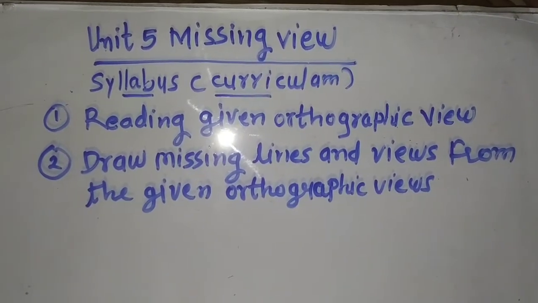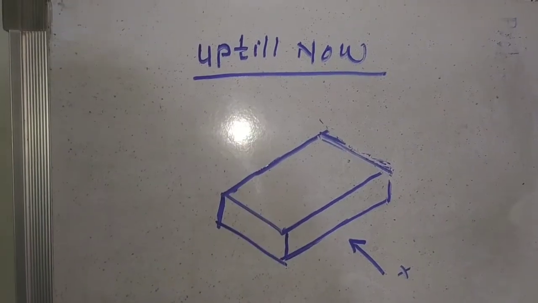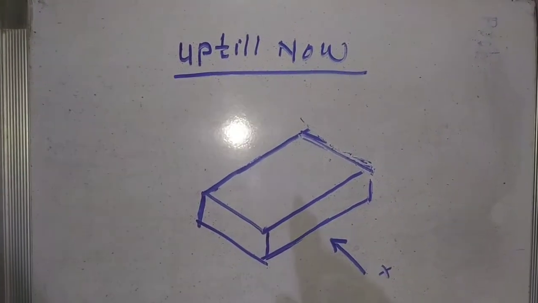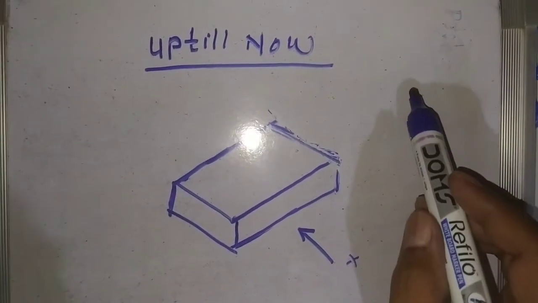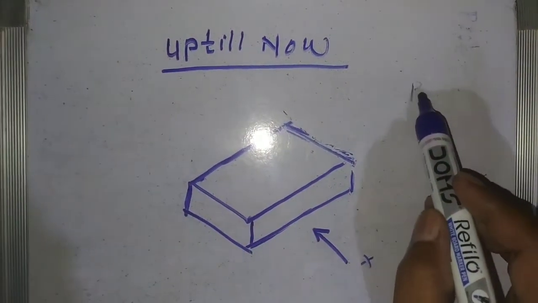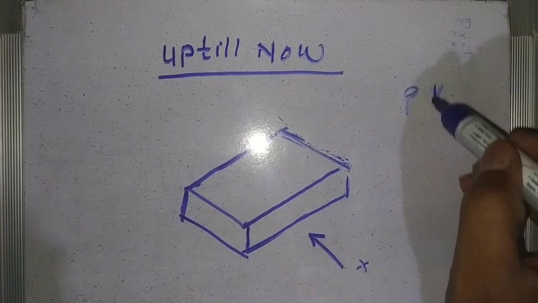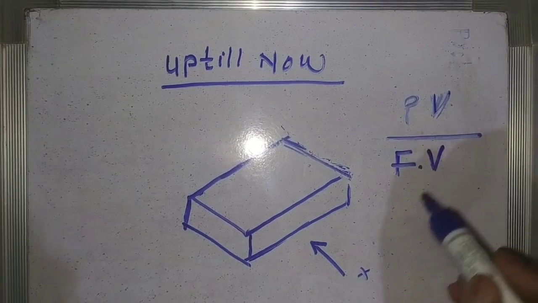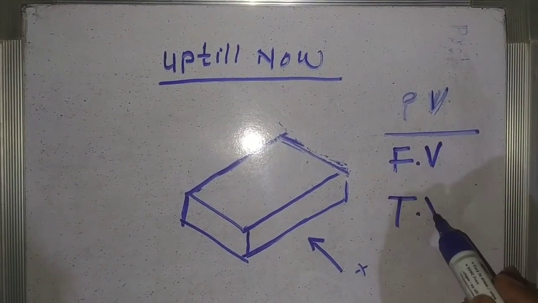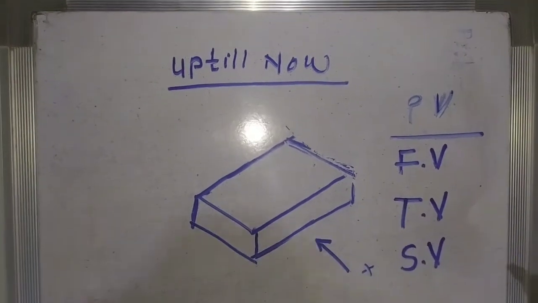Up till now, what have we studied? First, we should discuss the basics, which are the principal views: front view, top view, and side view, that is, left hand side view or right hand side view.